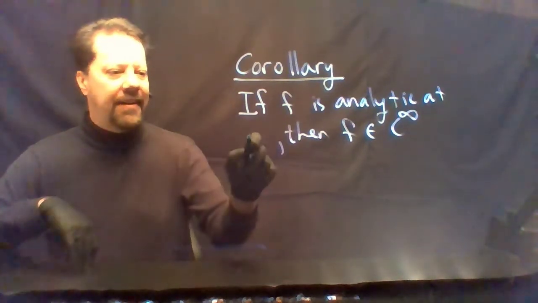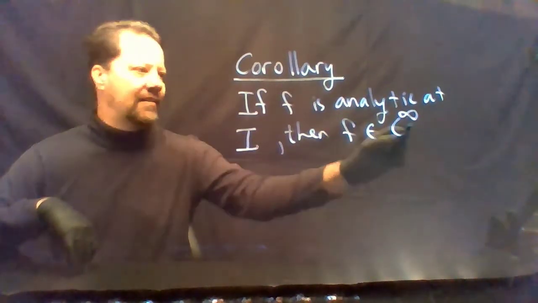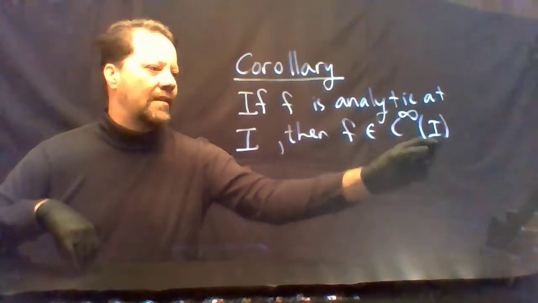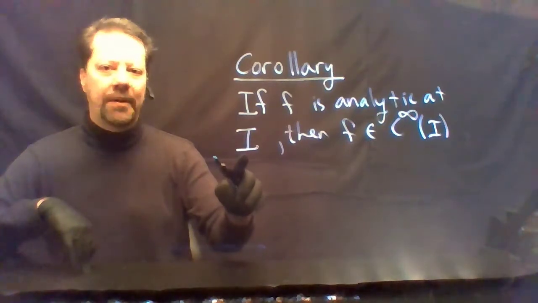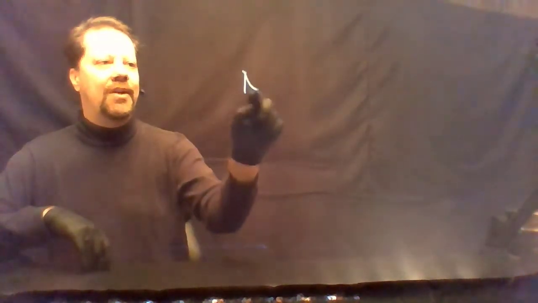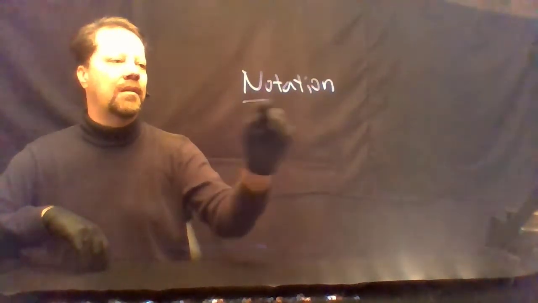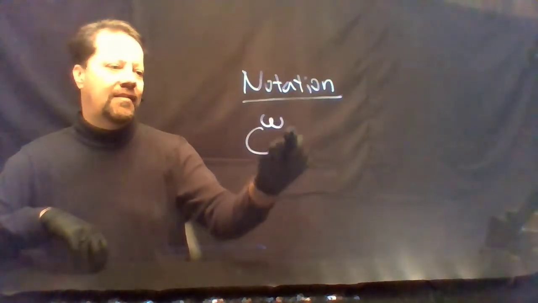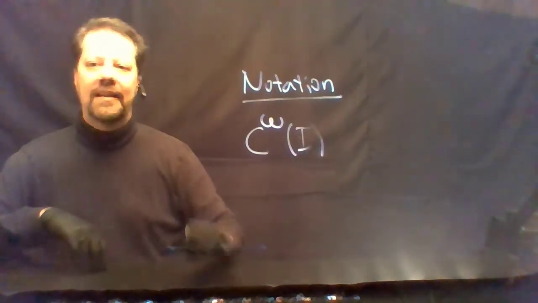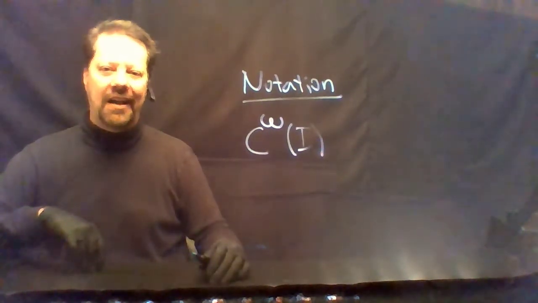We can modify this theorem to say that if f is analytic on some interval I, then it's infinitely differentiable at each point on that open interval I. We'll have the following notation. C omega of I is the class of analytic functions on the interval I.